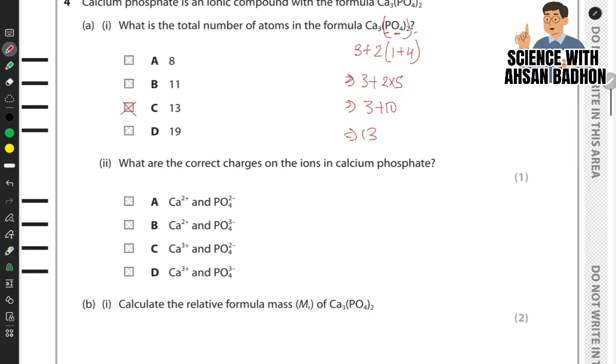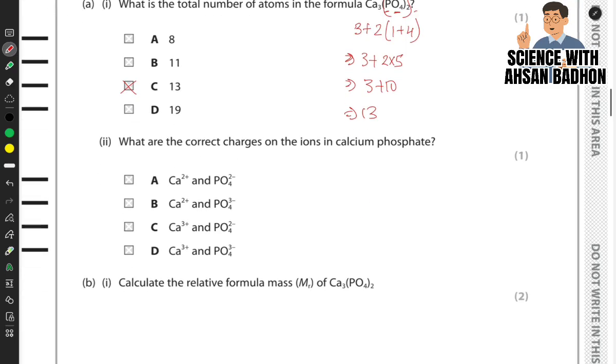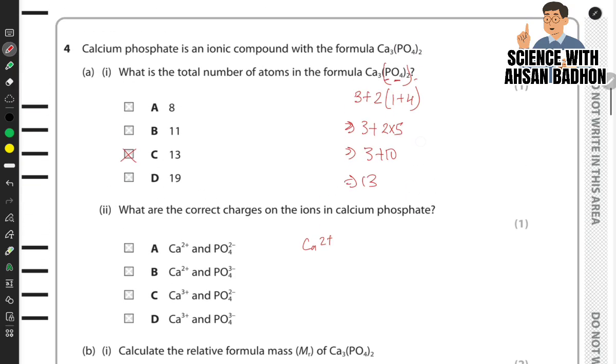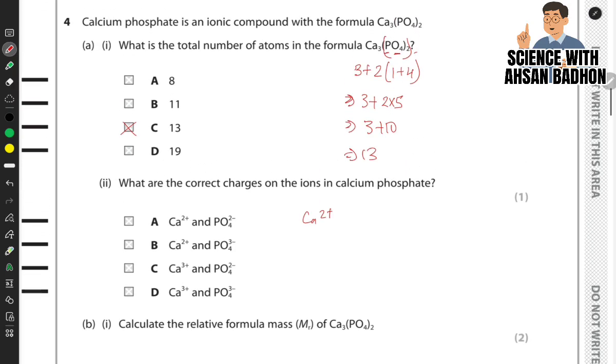So our answer will be C, 13. Then we have: what are the correct charges on the ions in calcium phosphate? We know calcium is an element in group 2, so it will have Ca2+, and let's find the charge on PO4 using the formula. Ca2+ has the number 3, so it should be multiplied by 3 to get 6+, and our phosphate ion must have something, negative x, which when multiplied by 2 gives negative 6 to balance it out.